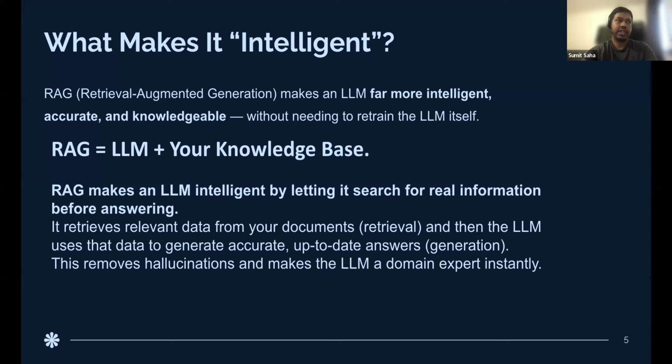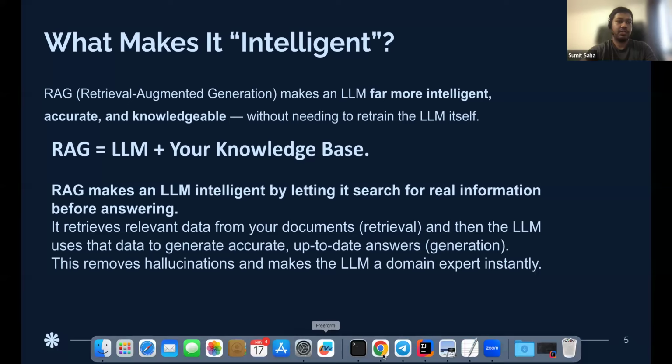What does RAG do? RAG uses the LLM model plus our knowledge base. So RAG makes an LLM intelligent by letting it search the real information before answering. It retrieves the related data or documents, and the LLM uses this data to generate accurate answers.